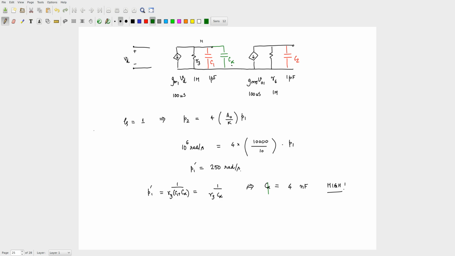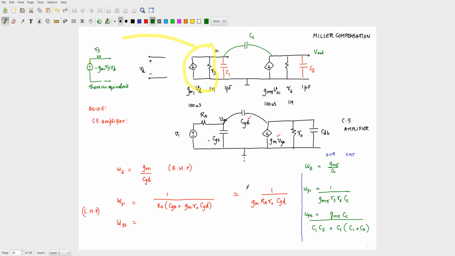So the moment you have this kind of Miller compensation, what we have already discussed is called pole splitting. Miller compensation implies you have pole splitting. And what does pole splitting mean?